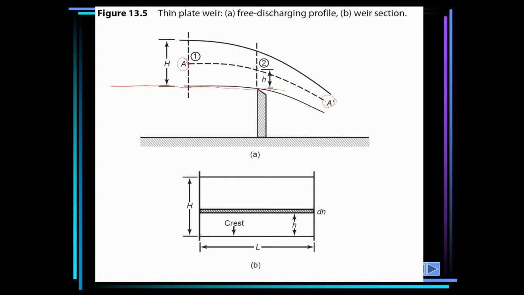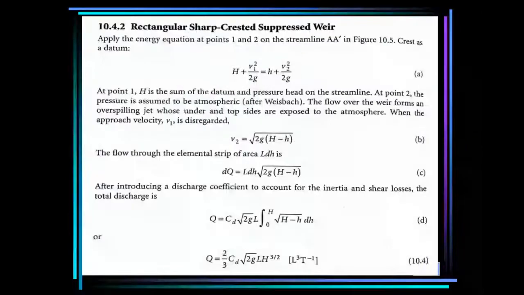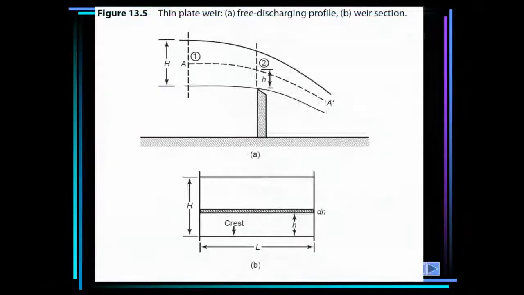So at point 1, h is the sum of the elevation of the streamline and the pressure head above the streamline, so head is the total of the elevation of the streamline and the pressure head above it.